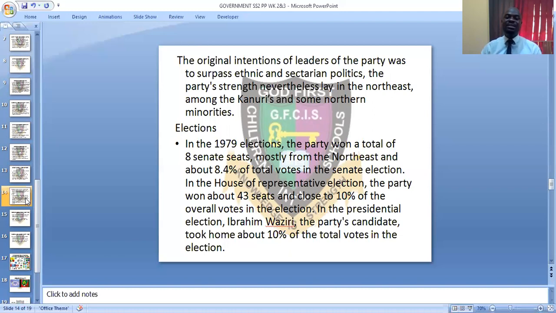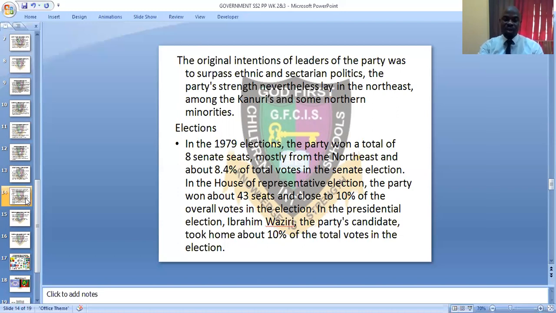The party's strength, nevertheless, lay in the northeast among the Kanuris and some northern minorities. So the party was a minority party, but they had a good intention of taking ethnicity or sectionalism out of politics.